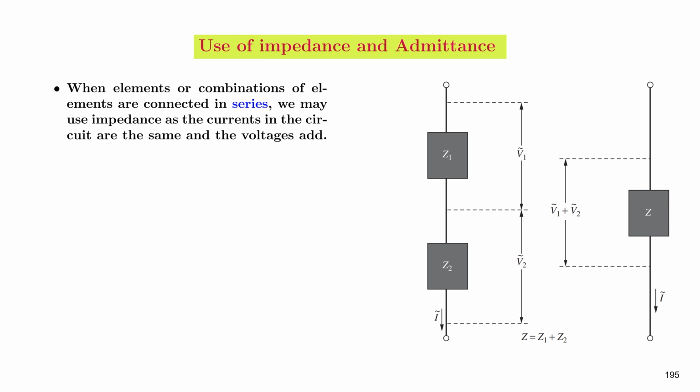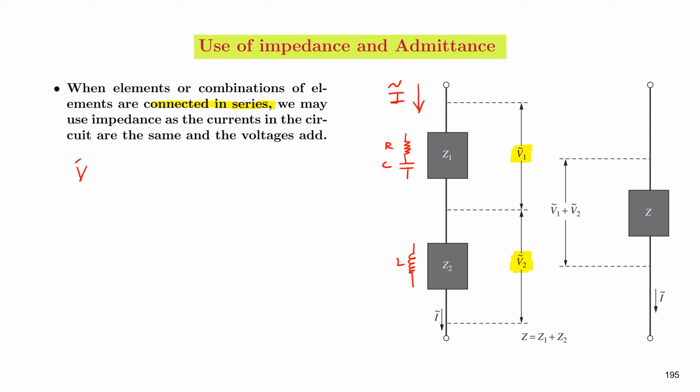We shall now consider the case of elements which are connected in series. As a practical example, let us consider that this contains a resistor and a capacitor, and this contains an inductor L. When a current I flows across the circuit, there will be potential drops V1 and V2 across the two circuit elements.